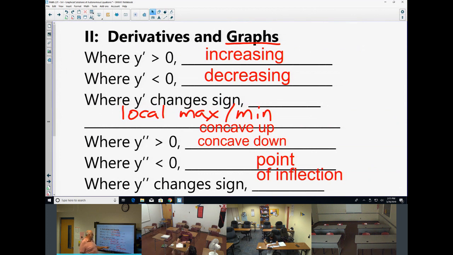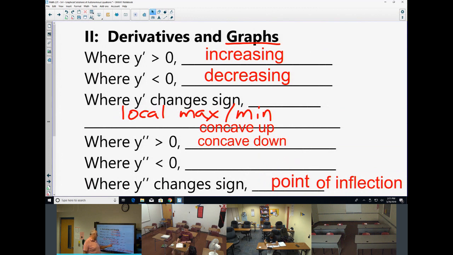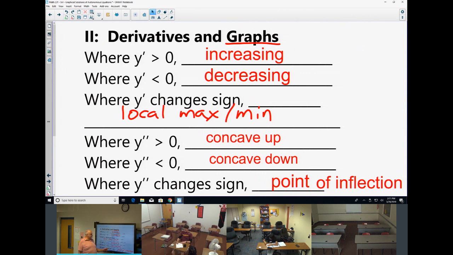Where the second derivative is positive, that's where the graph is concave up. Where the second derivative is negative, that's where the graph is concave down.